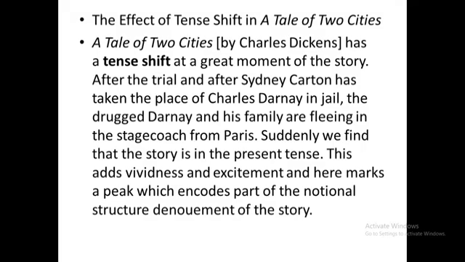After the trial and after Sidney Carton has taken the place of Charles Darnay in jail, Darnay and his family are fleeing in the stagecoach from Paris. Suddenly, we find that the story is in the present tense. This adds vividness and excitement, and here marks a peak which encodes part of the notional structure dominant of the story.